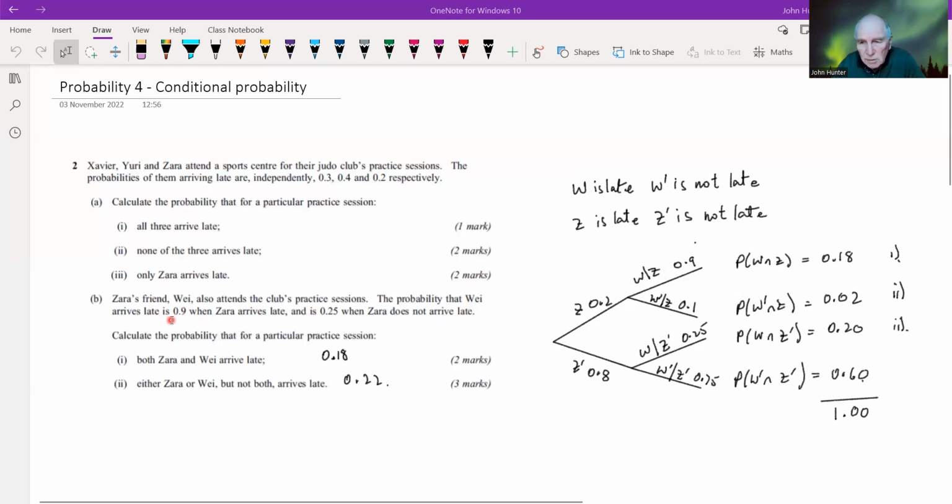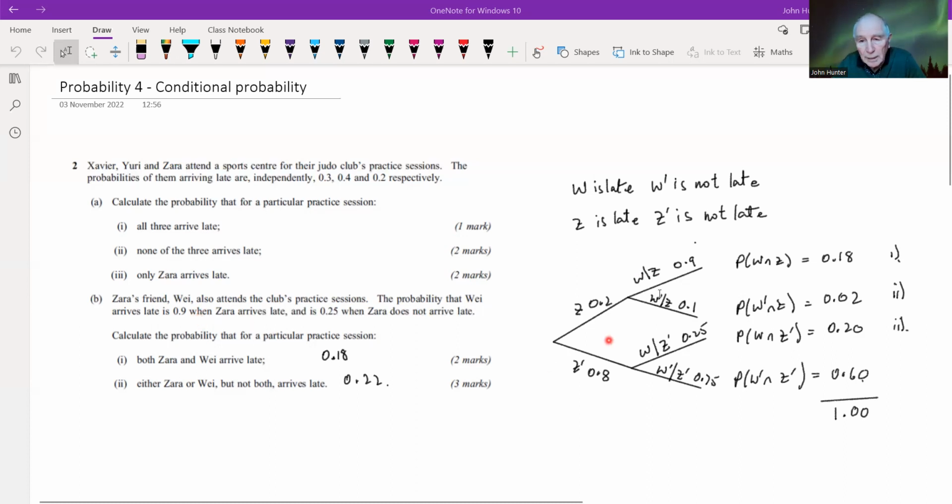Sometimes you have to interpret the conditionality in the statement. The probability that Wee arrives late is 0.9 when Zara arrives late. So that's the probability that Wee arrives late given that Zara is late. That's what we're getting at.